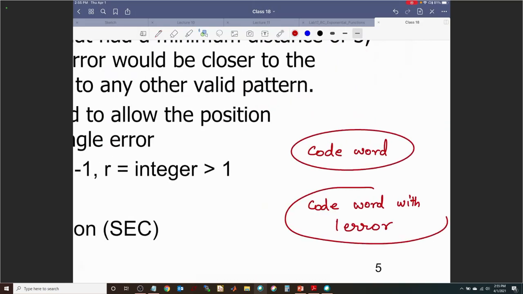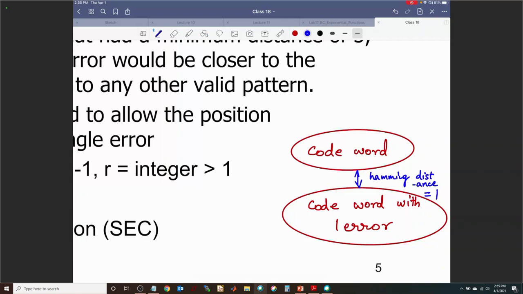Between this and this, what is the Hamming distance? One. That's right. Because only one bit is a problem, right?